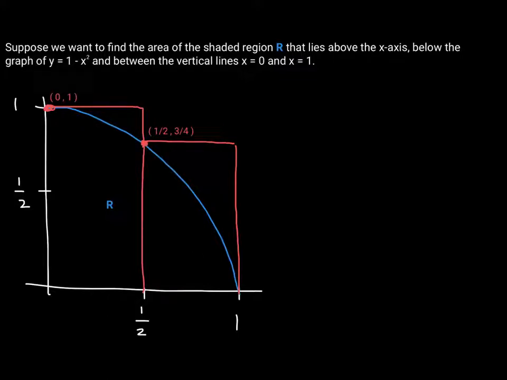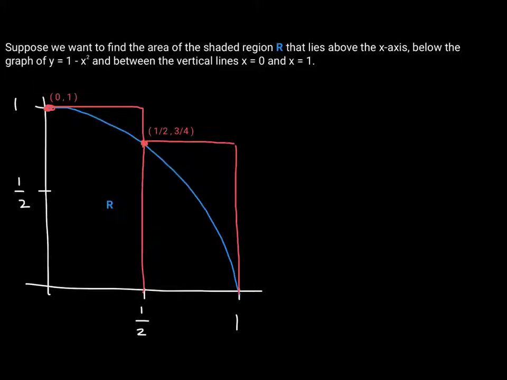Because this function is a decreasing function from 0 to 1, the height of each rectangle is the value at the left endpoint of each subinterval. On this subinterval, 0 to 1/2, the left endpoint is 0, and that gives me the height of my rectangle. Look at this subinterval, 1/2 to 1. 1/2 is my left endpoint, and that gives me the height of our rectangle.